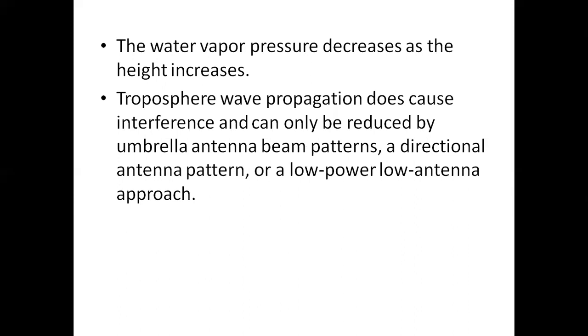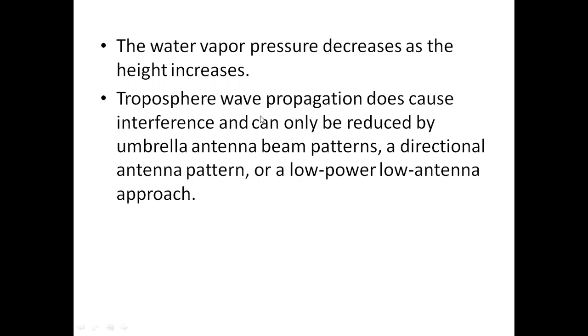If we have propagation in the tropospheric atmosphere, we can reduce its effect by the use of these antennas. Then we can reduce the loss in the propagation of the waves in the tropospheric atmosphere when the mobile unit is at a distance of 200 miles.